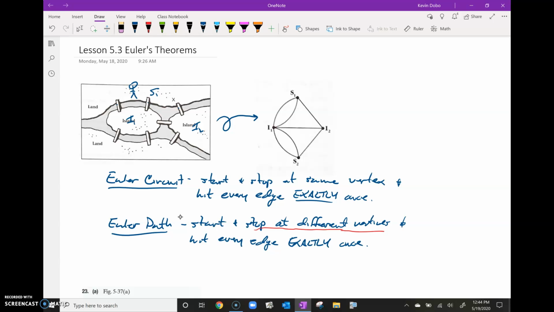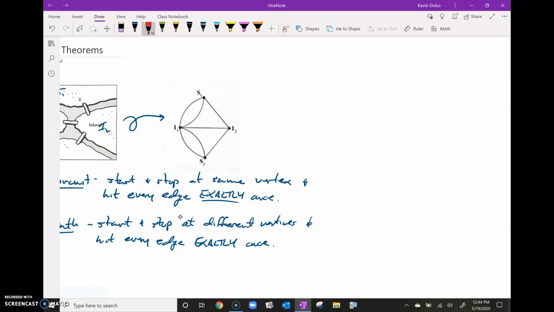I know that a graph will have an Euler circuit if all vertices have an even degree. If every vertex in the graph has an even degree, then I know that there exists an Euler circuit.